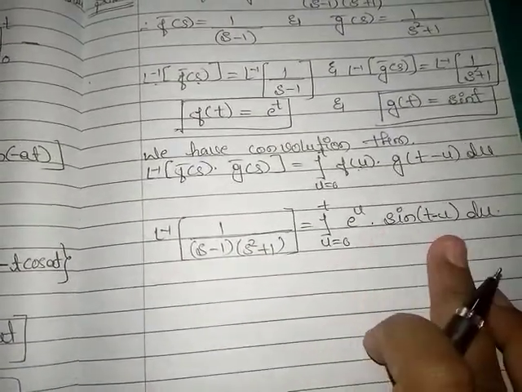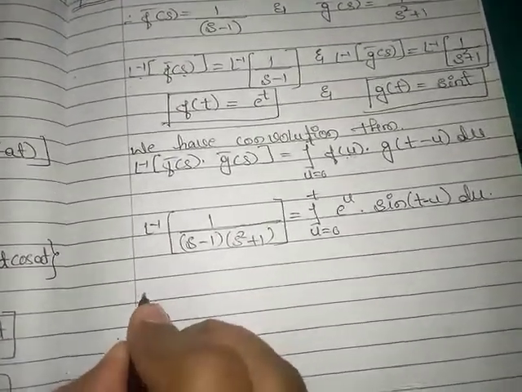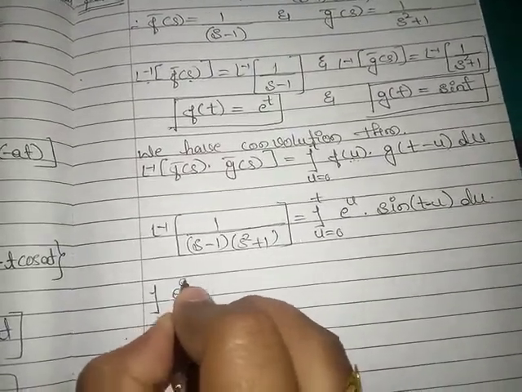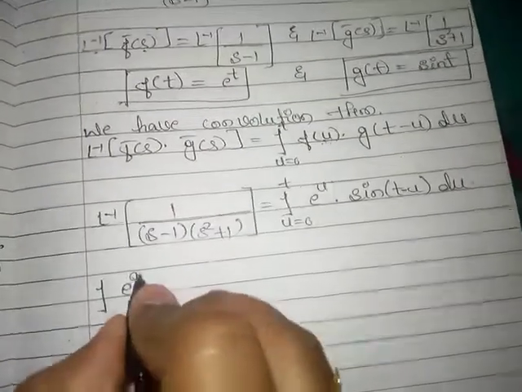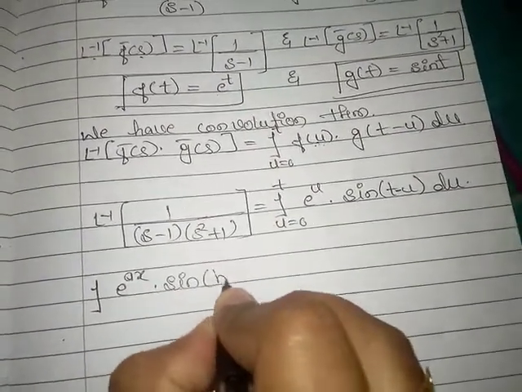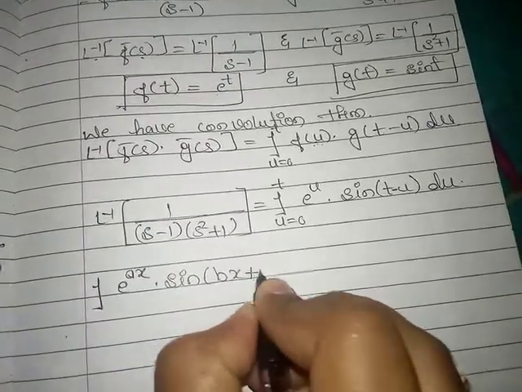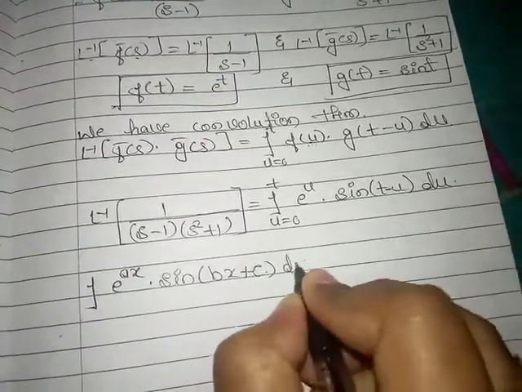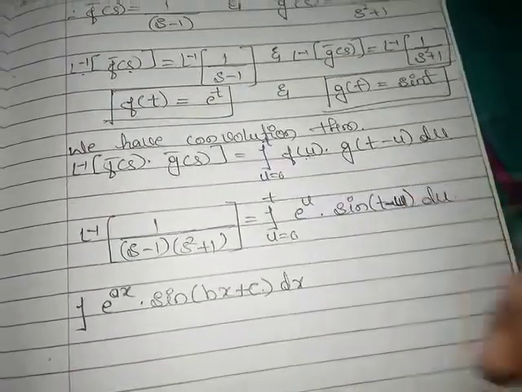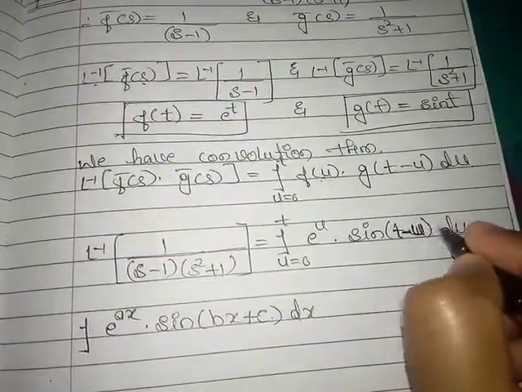See, this is of the form integration of e raised to ax into sin of (bx plus c) dx. Here it is t minus u.